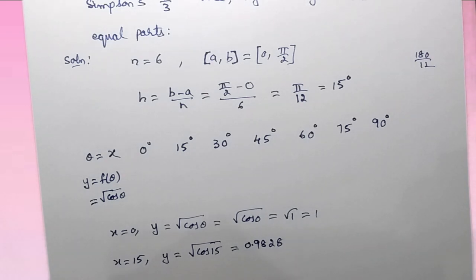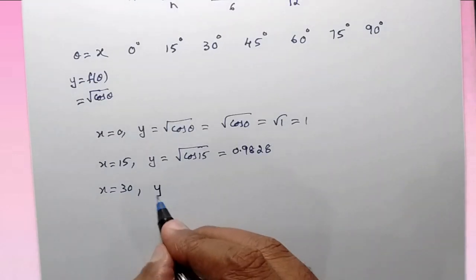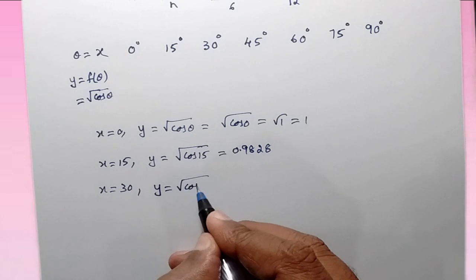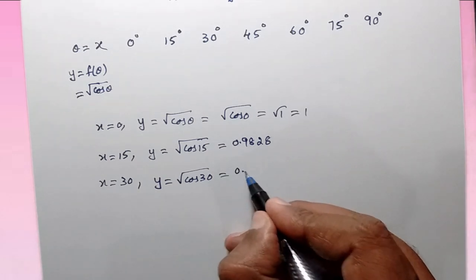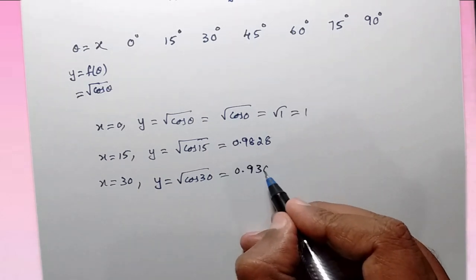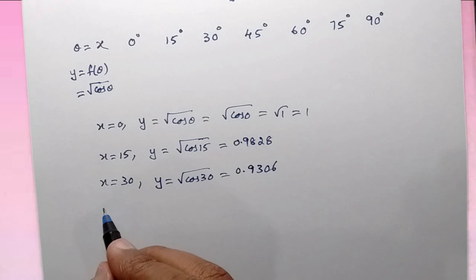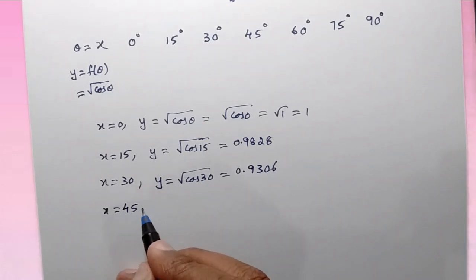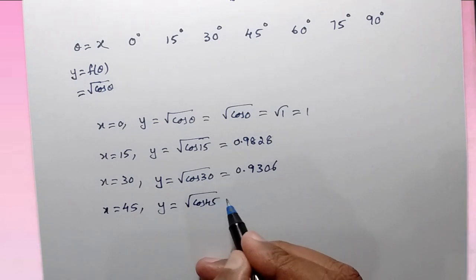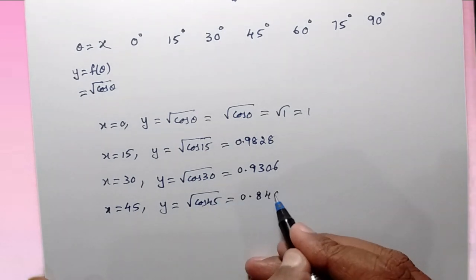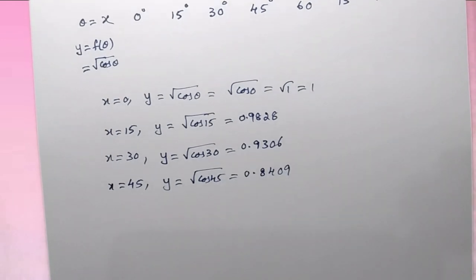When x is equal to 30, y is equal to square root of cos 30. Just use the calculator and check, are you getting 0.9306? Similarly, when x is 45, y will be square root of cos 45, which is 0.8409, approximating the value.